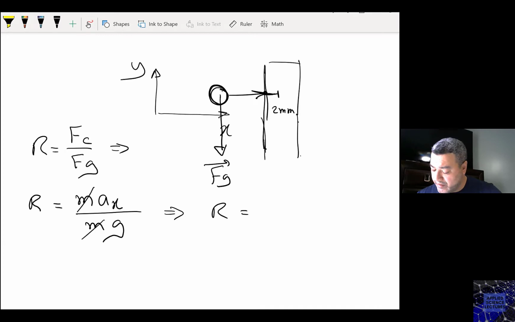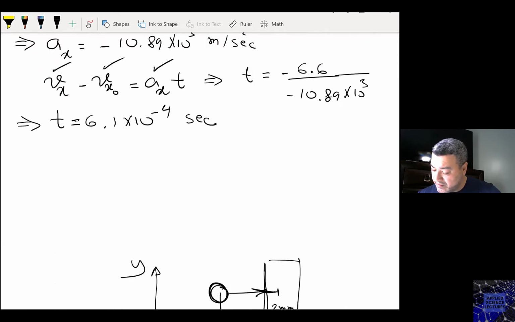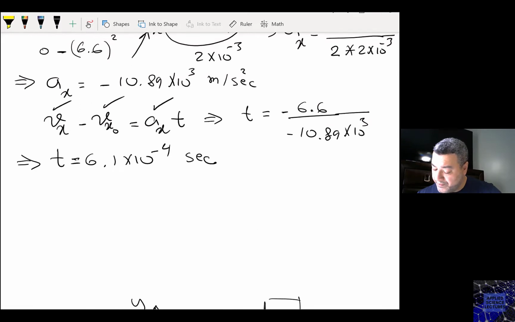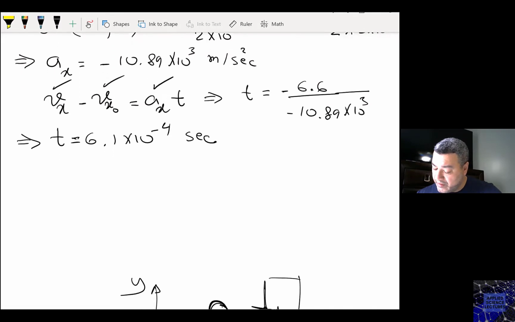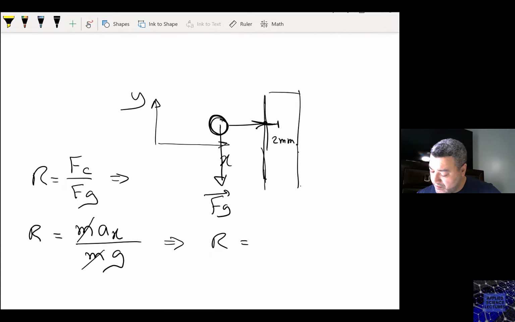So R is ax, which we found here to be 1089 to the power 3. And again, let's take the magnitude because we only worry about the ratio.